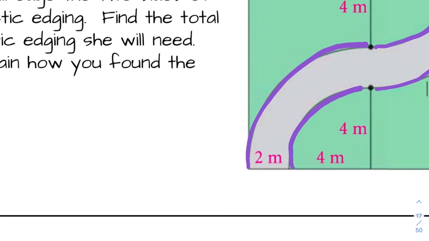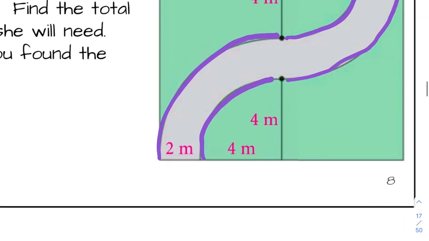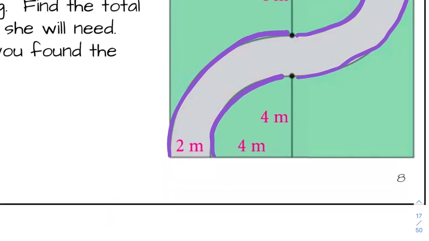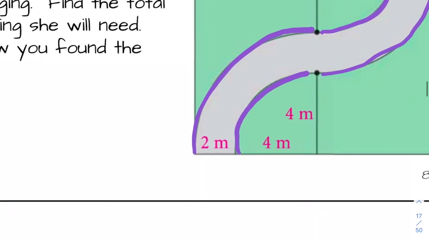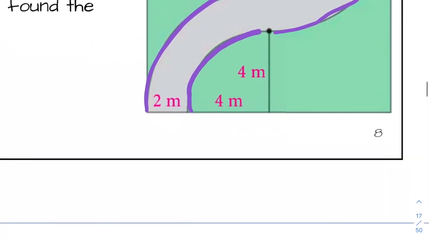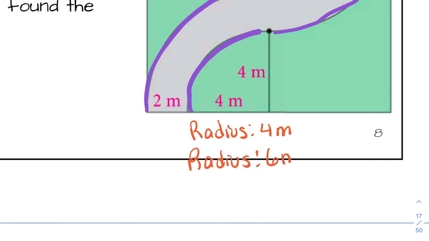I'm going to say the first circle is the inner one with 4-meter radius. So I have two radiuses. I have a radius that is 4 meters, and I also have a radius that is 6 meters because it's the outer one.